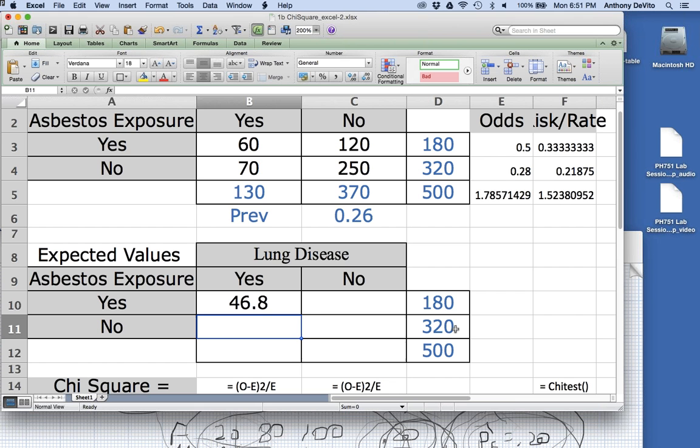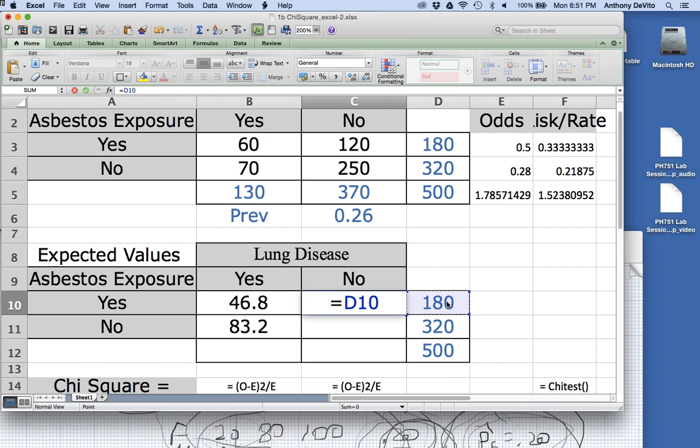Now, out of 320, how many people would I expect to have lung disease? It equals 0.26 times 320. And how about not in that first group, asbestos exposure? What's going to be the difference between 180 minus 46.8?